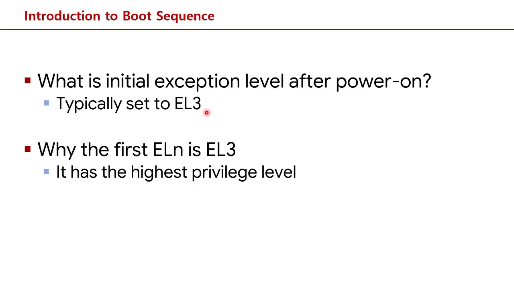The biggest reason is that exception level 3 has the highest privilege level. It means that it has full control over all of the hardware resources. I believe that every time you look into the reference manual of a Qualcomm or MediaTek chipset, you're going to see that the initial exception level is exception level 3.